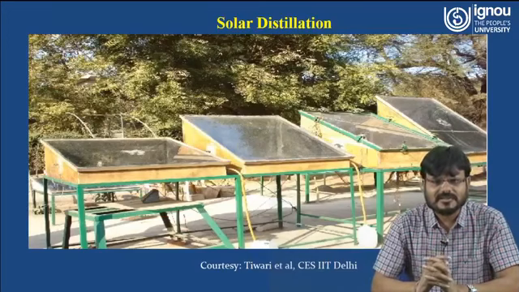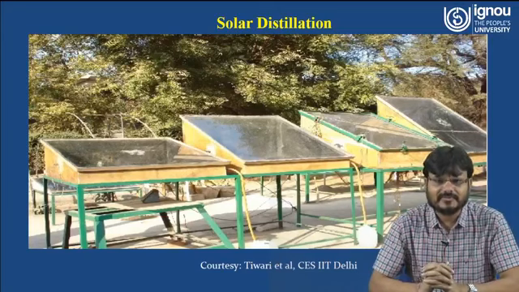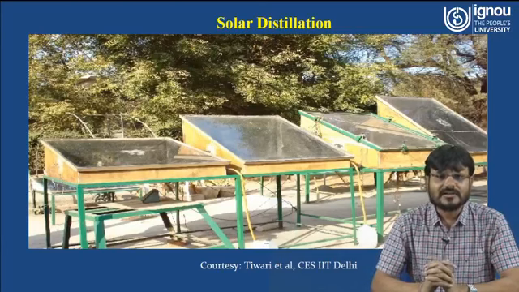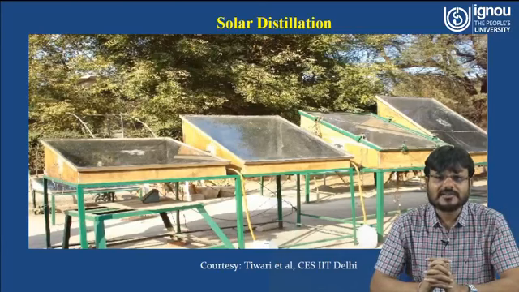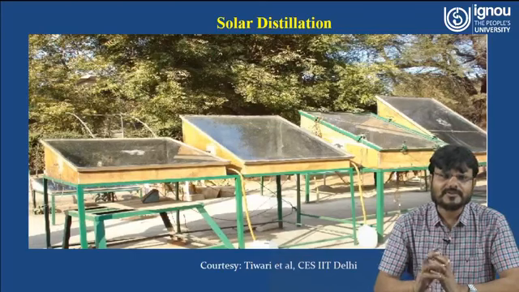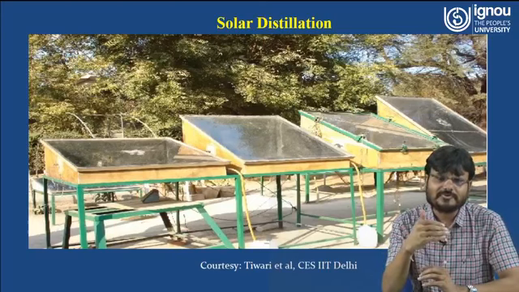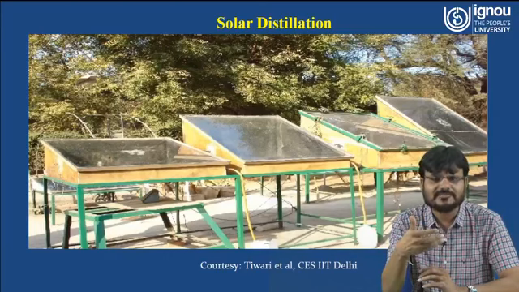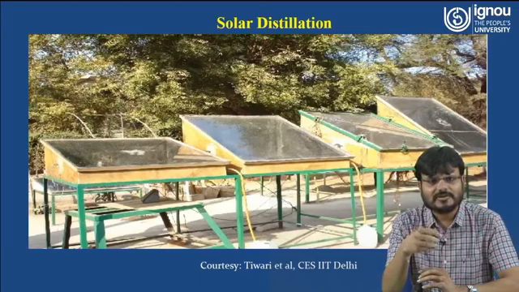Here are some pictures that I have taken from IIT Delhi. My guide Professor G.N. Tiwari has worked a lot on this. So here you can see there are different types of solar still. You can see the difference in the angle, because what is the aim? You have to get the maximum solar radiation, which means you get more heat, which means you increase the temperature of the water.